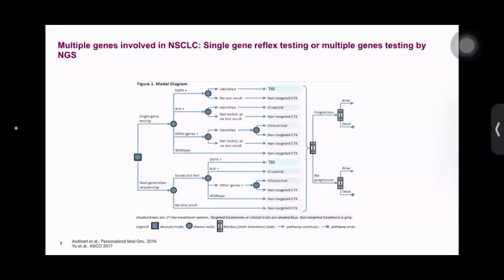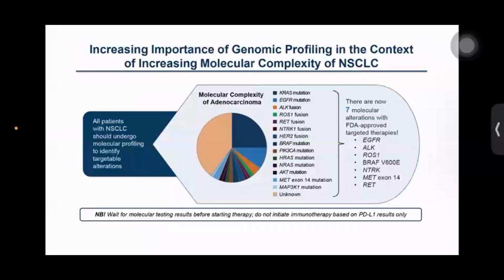So doing an NGS for multiple genes at a time would be more helpful in identifying the targets. With the increase in genomic profiling, we are able to identify various molecular complexities of NSCLC, and we are able to develop and try new molecules to target these genomic alterations, so that the benefit for patients is increased by targeted therapies while minimizing toxicities.